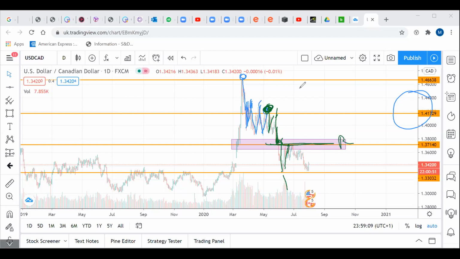So price keeps bouncing off of it. Now that it didn't break this area here, people would have gone into this as a buy, expecting price to potentially go back up, hit this resistance area and come back down. Who knows? It could potentially do that.